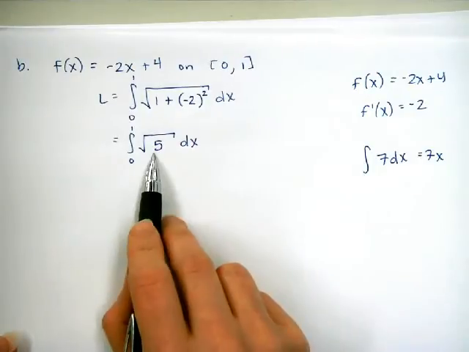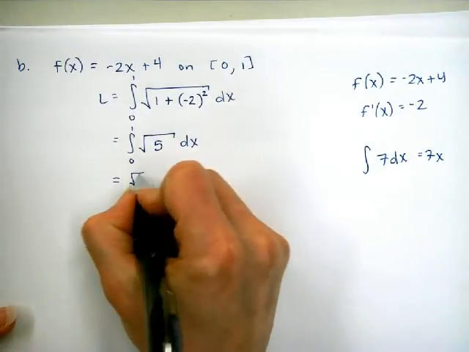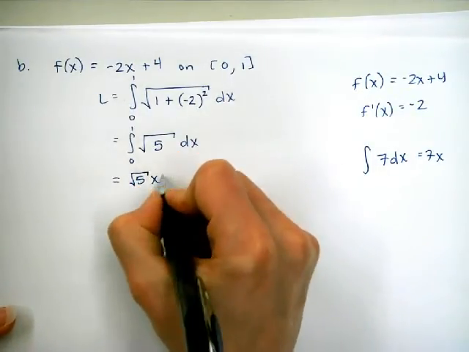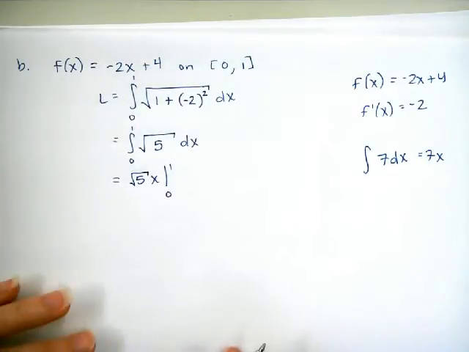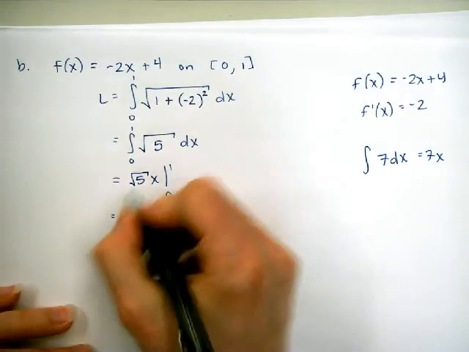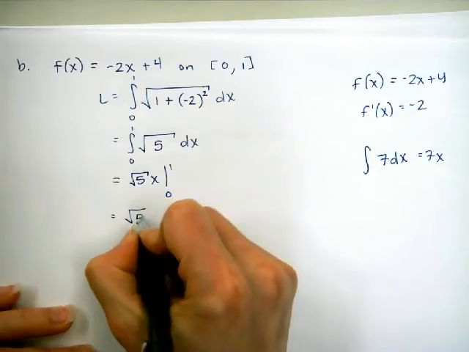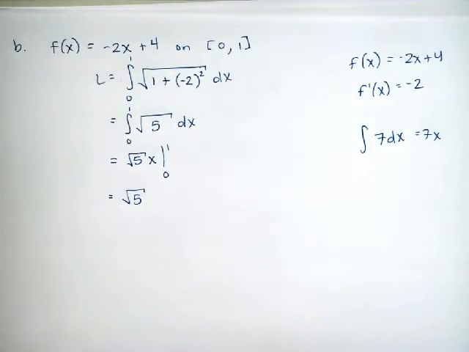The antiderivative of root 5 is root 5x. I'm evaluating that from 0 to 1. And we plug in 1 minus plugging in 0. Plugging in 1 is just 1. Plugging in 0 is 0. So we are told then that the arc length of this is square root of 5.